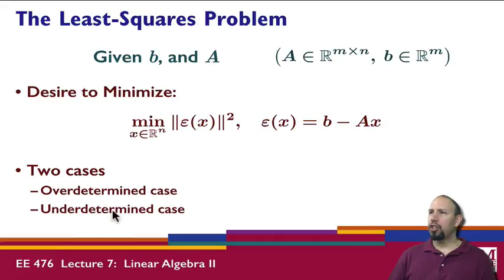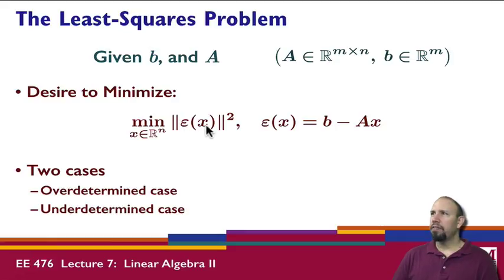It turns out there are actually two cases we can look at, the overdetermined case and the underdetermined case. You can consider the exactly determined case as included in either of these. So we talked about 3 different cases, and the middle case can be lumped into either of these two accurately. So this is the problem.